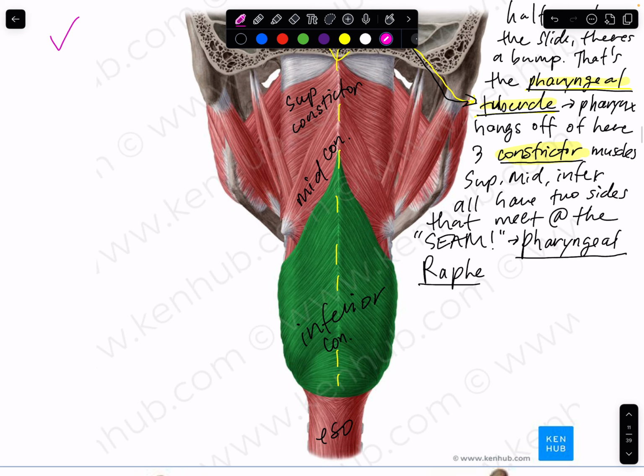All right, so these are your pharyngeal muscles. You have three groupings of them: superior constrictor, middle constrictor, inferior constrictor, and then just straight up esophagus. They all have bilateral parts, one that comes from the right and then the left, and then they all meet in the middle to form something called the pharyngeal raphe.